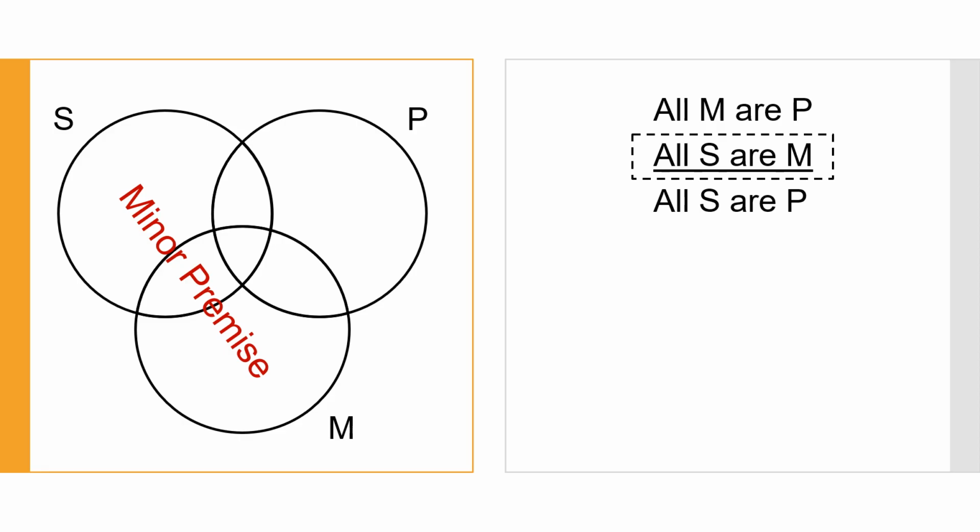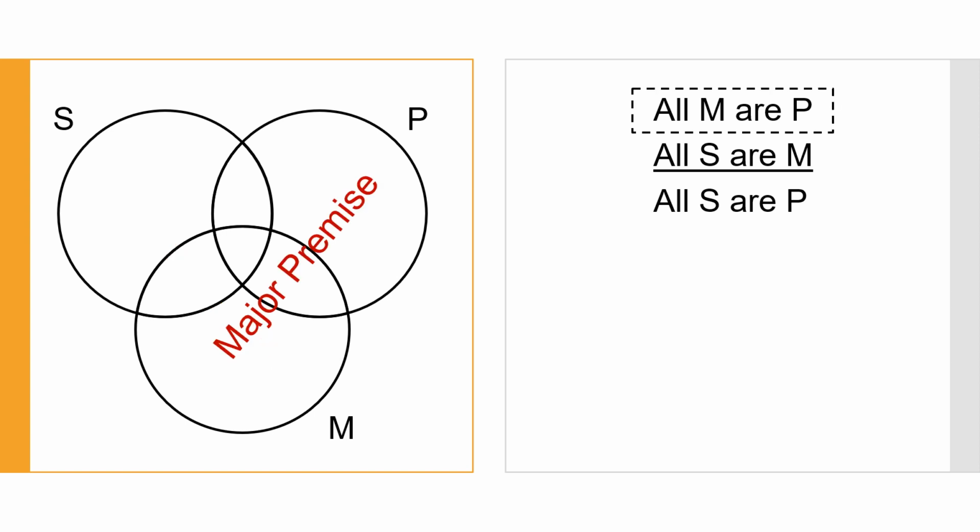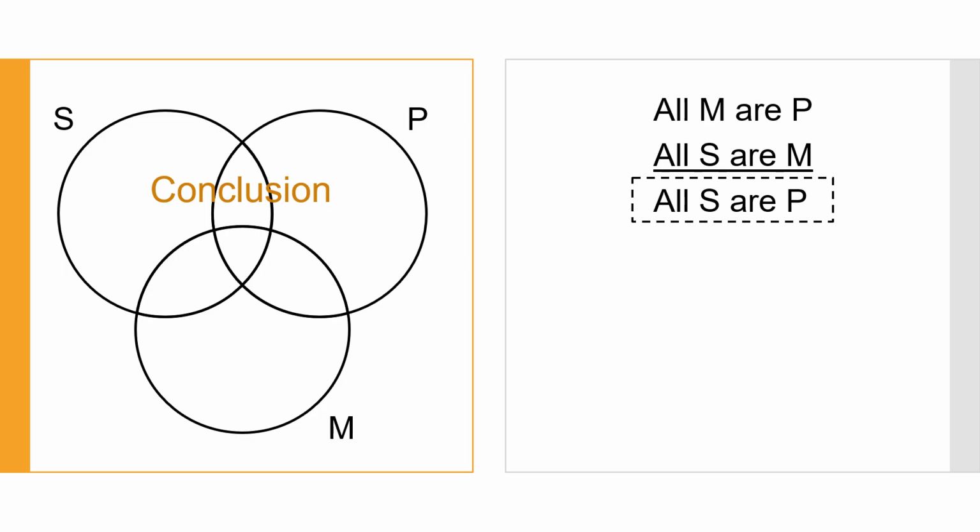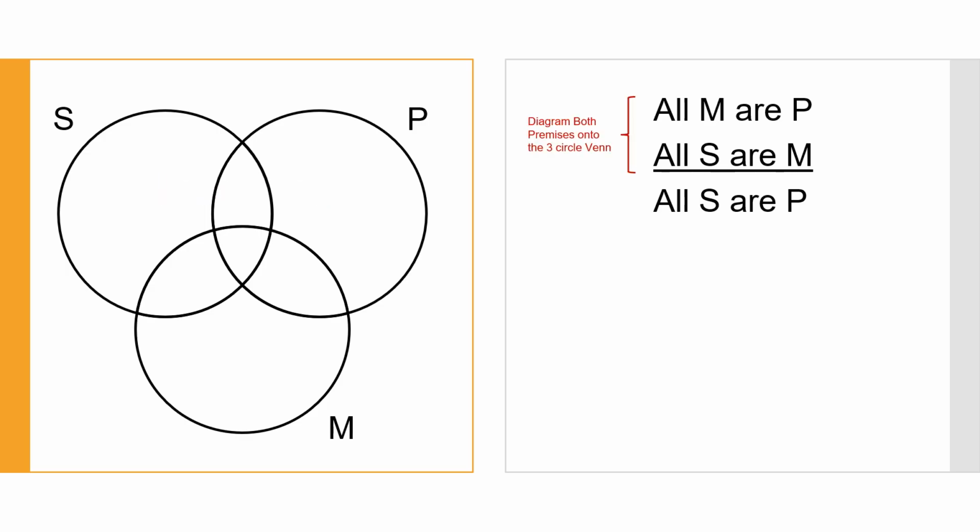We can now identify on the three-circle Venn diagram the two circles that represent our minor premise, that is the S circle and the M circle, the two circles that represent our major premise, that is the M circle and the P circle together, and then of course the top two represent our conclusion. So the process for determining validity really amounts to just diagramming both of your premises onto the three-circle Venn, and then checking it over and against the conclusion.